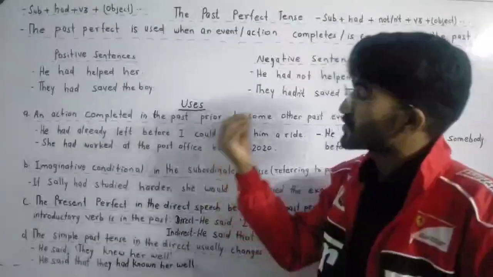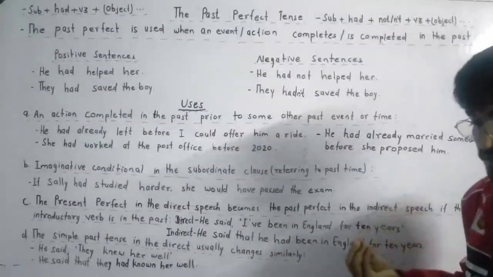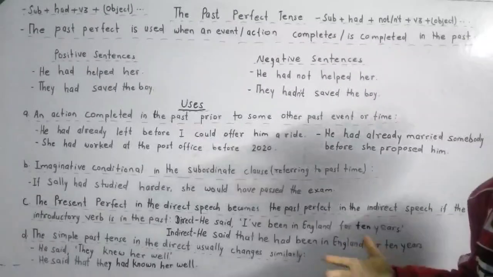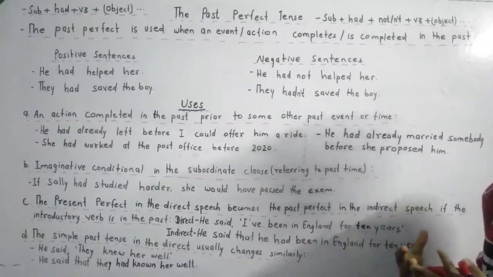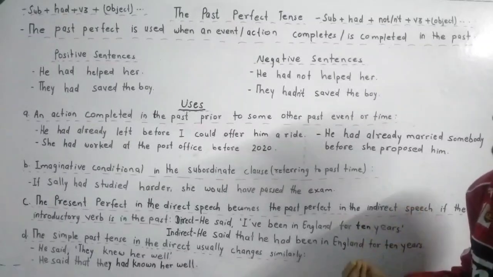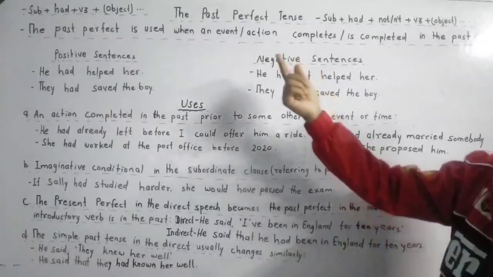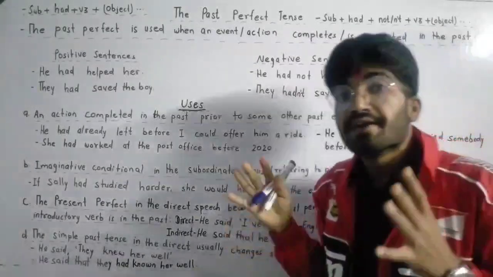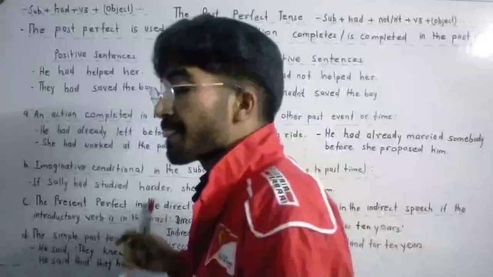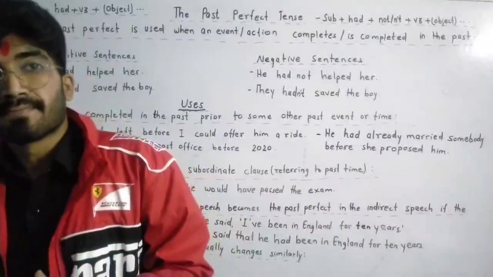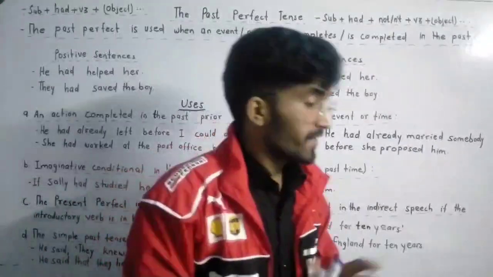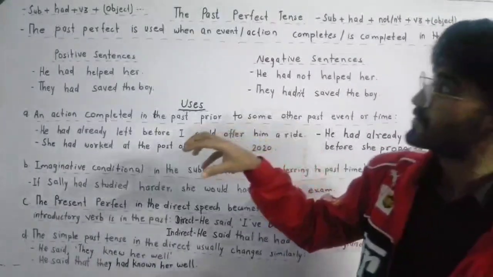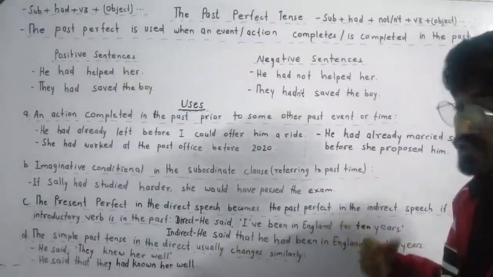If we understand its uses, it's going to be far easier to speak or communicate. That's why knowing the usage of any grammatical topic is very pivotal. And where can we use the past perfect tense? This is the question.